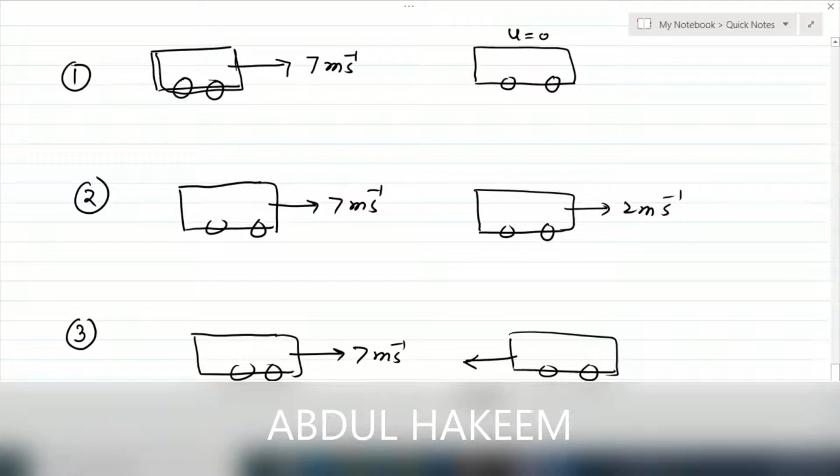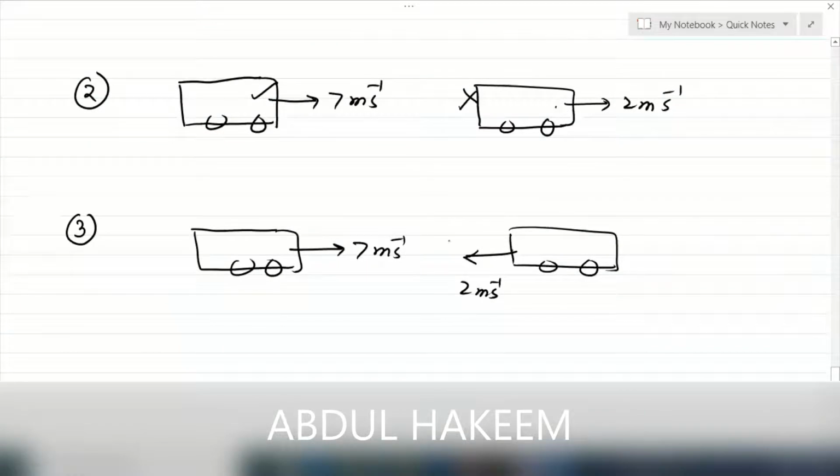Now in number 1, this moving object will collide with the stationary object. In second, this object will collide with the second while overtaking it. And the third is head-on collision.